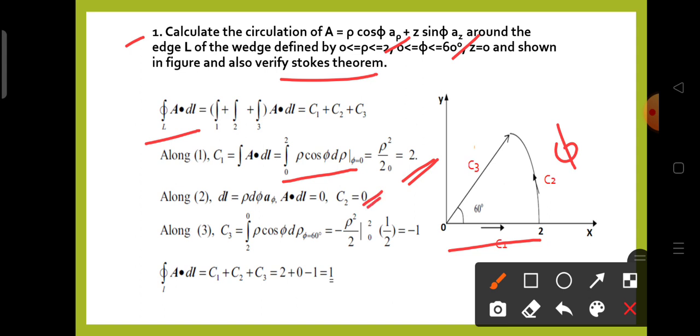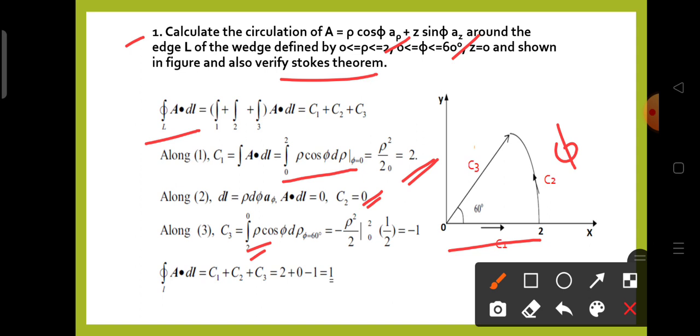Then in the C3 direction, it is coming from 2 to 0, not 0 to 2. The rho is varying from 2 to 0. Then rho cos phi d rho. Here we have to put phi equal to 60 degrees, so cos 60 is equal to 1 by 2.